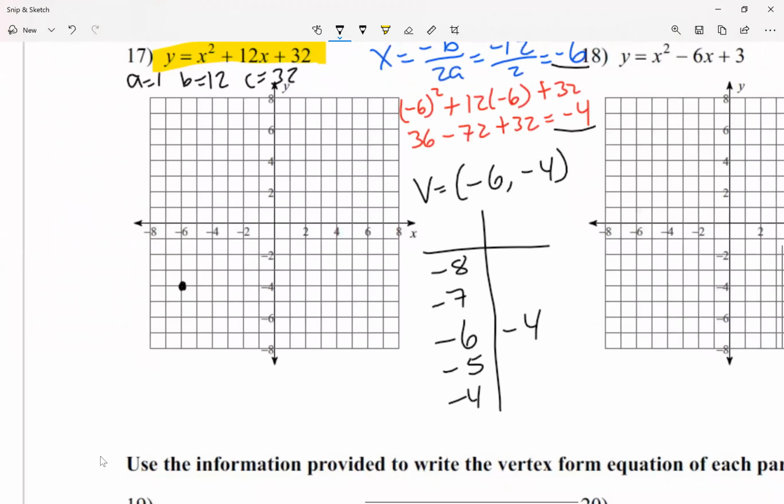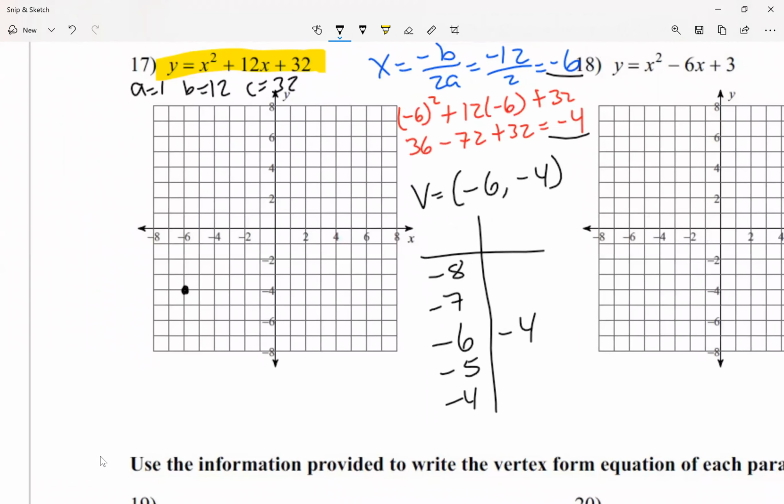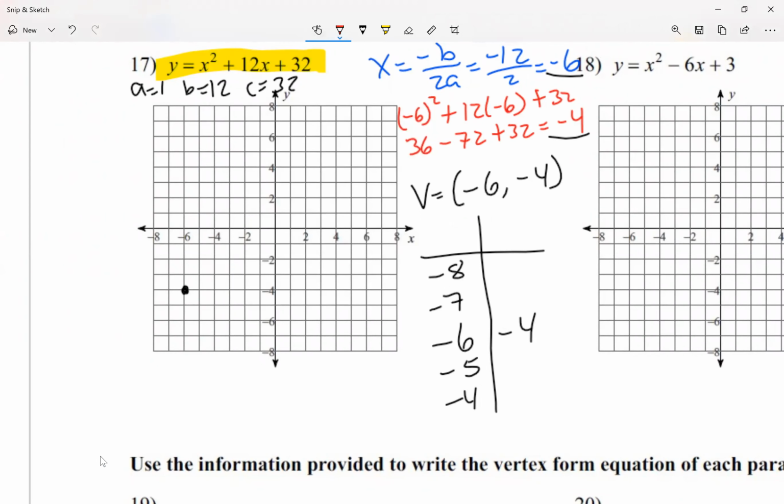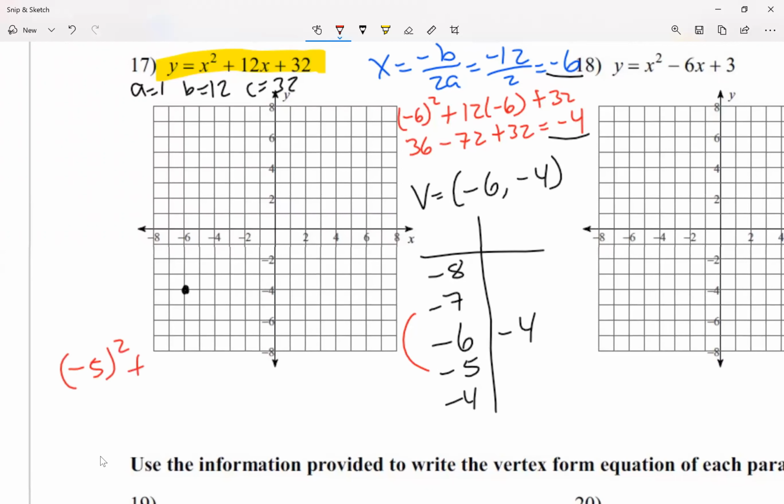Let me zoom out. So we see on the top, in the highlight, we see the equation. Okay, the two numbers that are right next to -6 are either -7 or -5. Use whichever one you want. I'm going to choose the -5, but if you want to try at home with the -7, try it. I'm just going to go -5 squared plus 12 times a -5 plus 32.